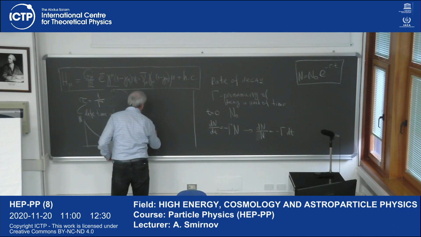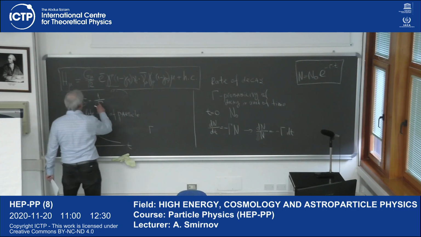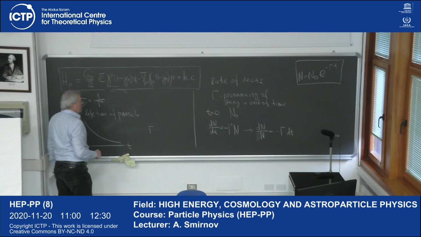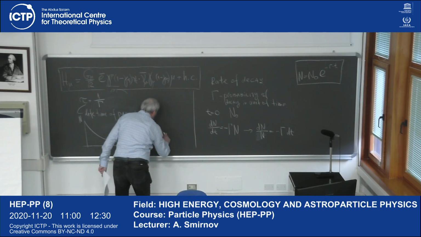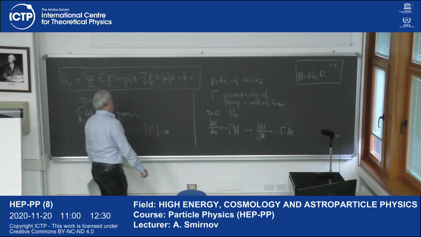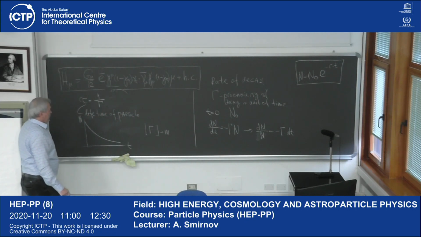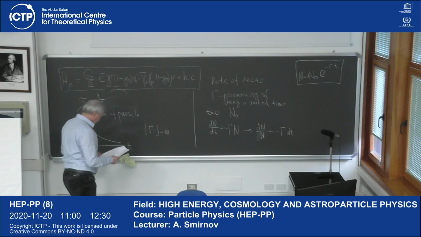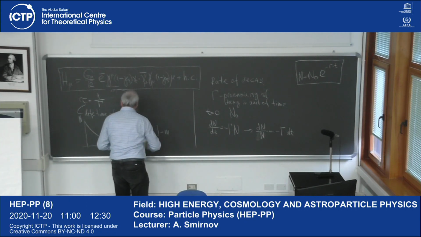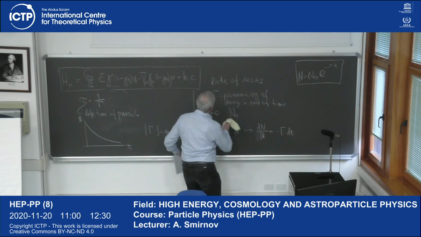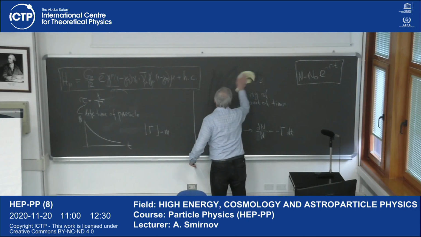Gamma is inversely proportional to lifetime, and it has the dimension of mass. This is the dimension of decay rate. Let us compute the decay rate for muon decay.